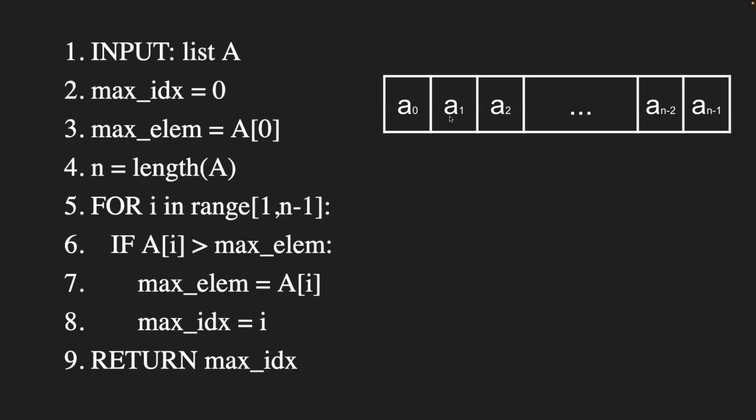So when I'm looking at A1 and comparing it to A0, at that step of the algorithm, the only thing I can say is, okay, so far, just this sublist of A0, this value is my max so far, and that is the largest number so far.